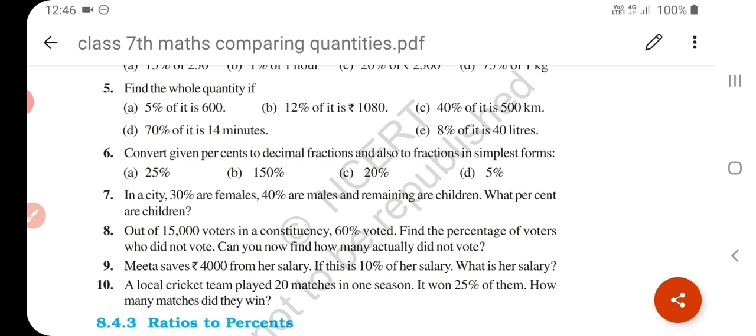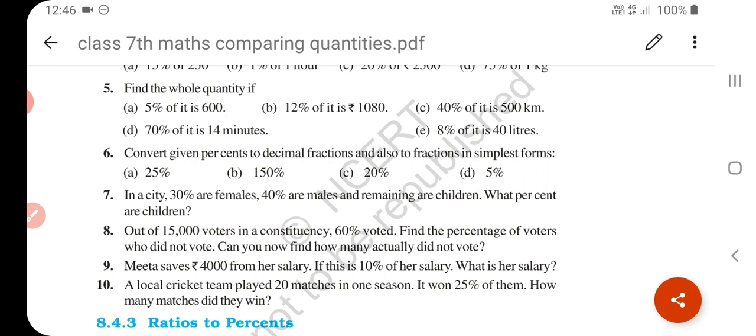So this way you find. And now D, 70% of it is 14 minute. So your answer is in minutes. Understand? And the last one is 8% of it is 40 liter. So you have to solve 8 upon 100 into x is equal to 40 liter.